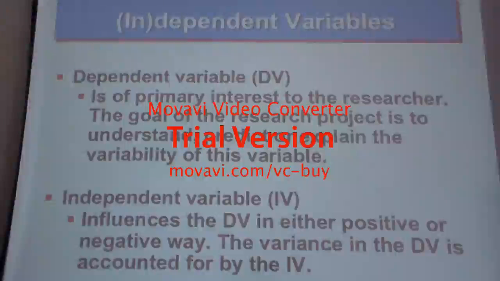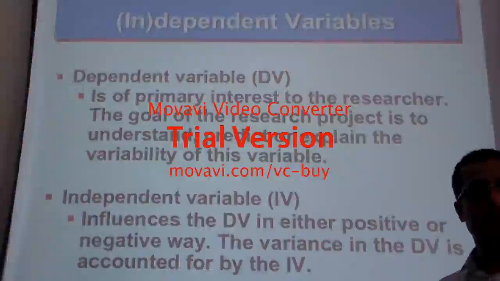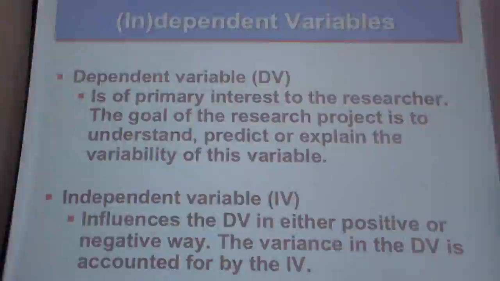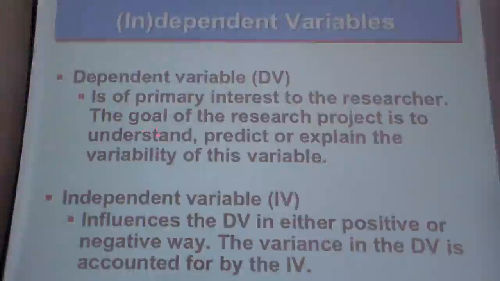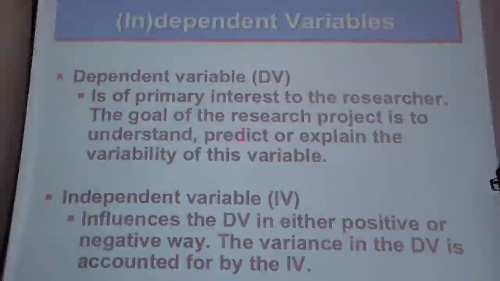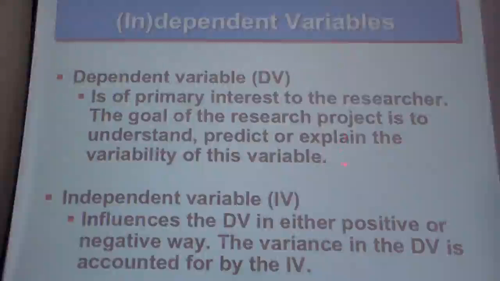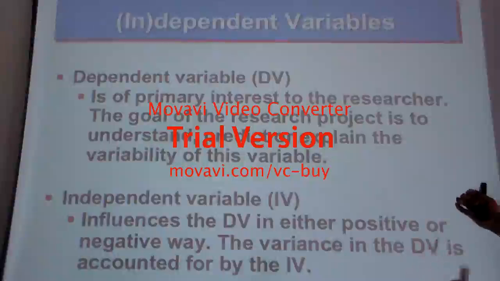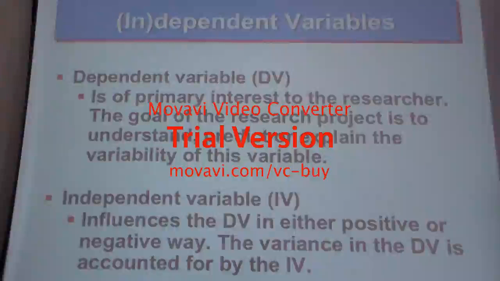Yes, expect. Predict means expect, or توقع, تنبؤ. So we need to understand, predict, and explain the variability of this variable: how this variable changes its values from time to time.